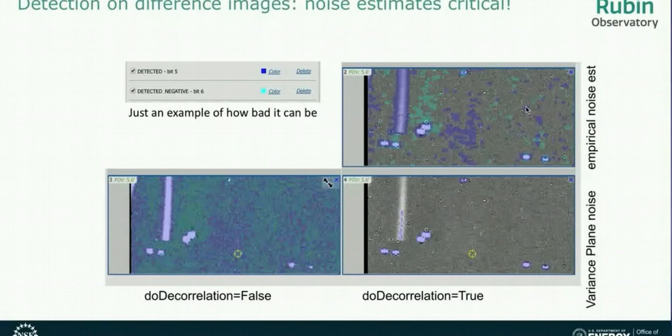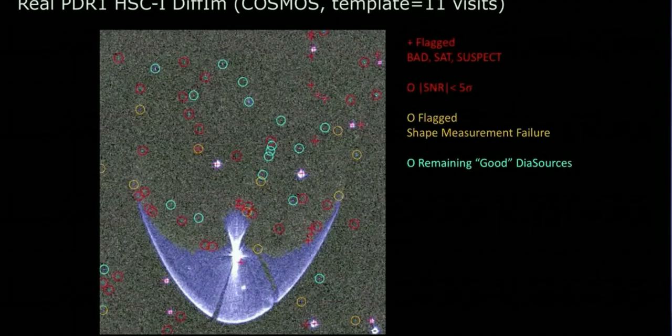So this not only shows how critical the noise estimates are, I recommend that if you are getting strange detection rates on your difference image, take a look at what's being detected, and there's a good chance that your noise estimate is what is causing problems. So now we've run detection on these difference images. What do we see?